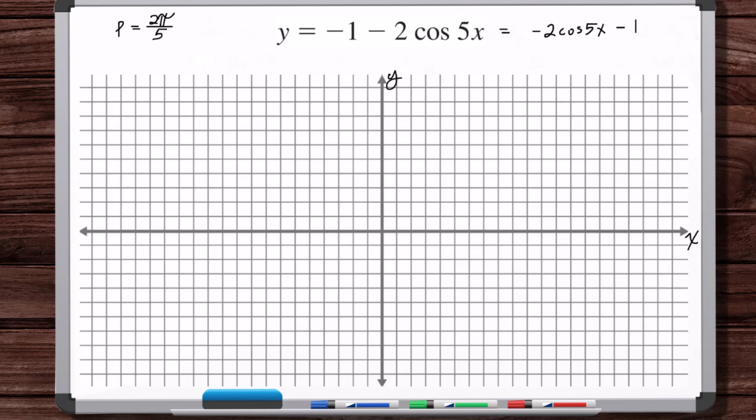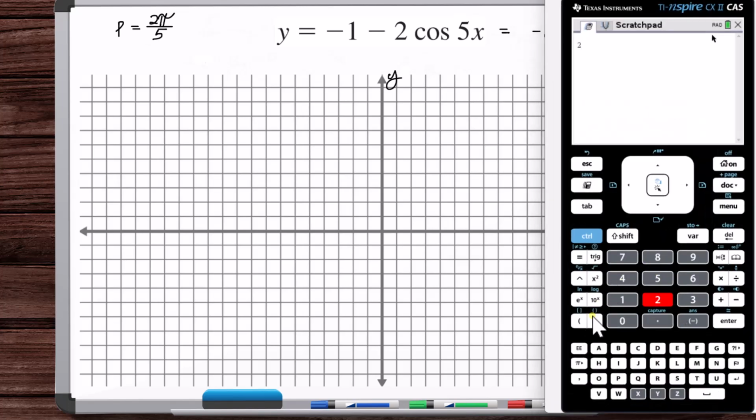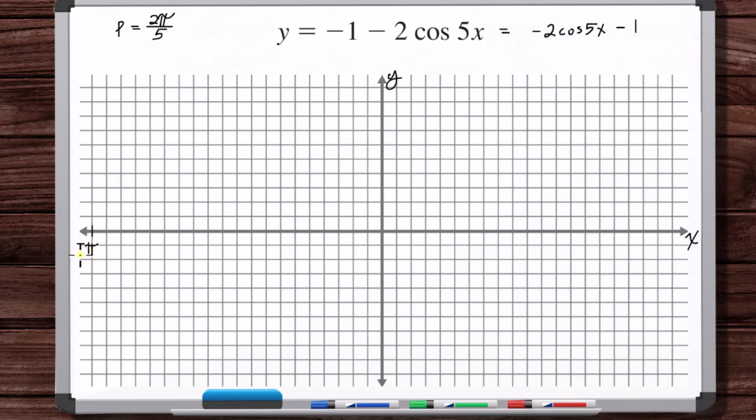which is what? So 2 pi divided by 5, 1.257. What is pi divided by 2? So, okay, let's do minus pi divided by 2 to pi over 2.